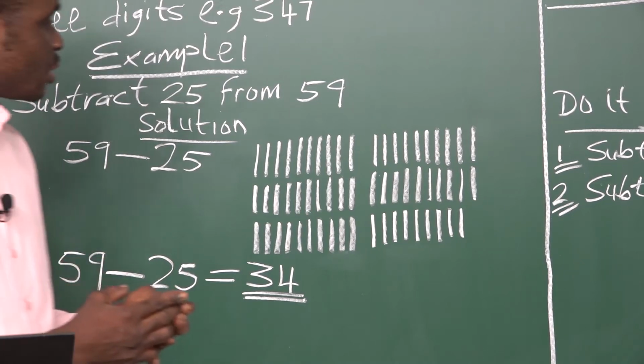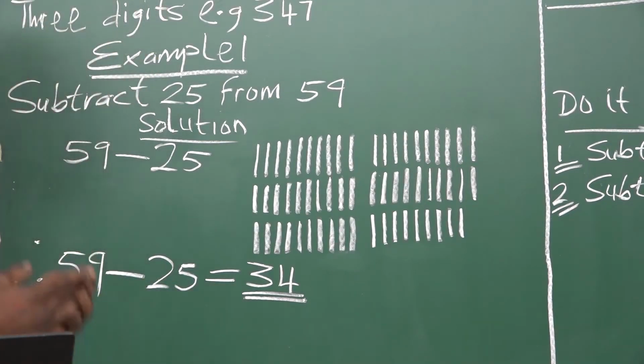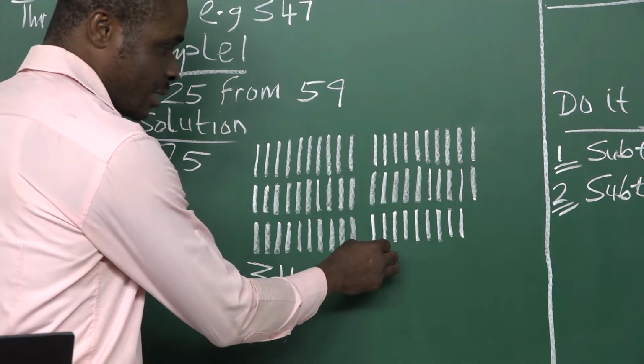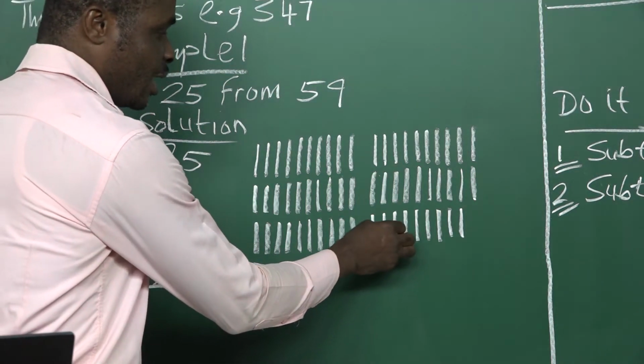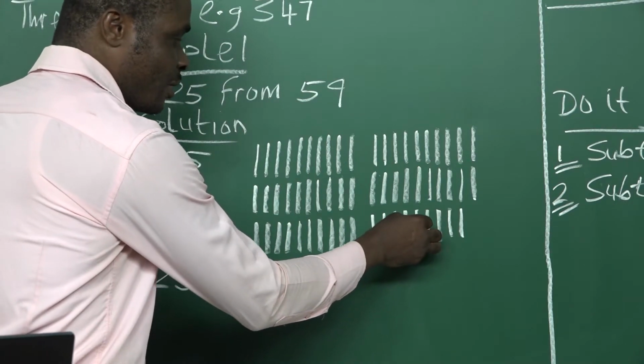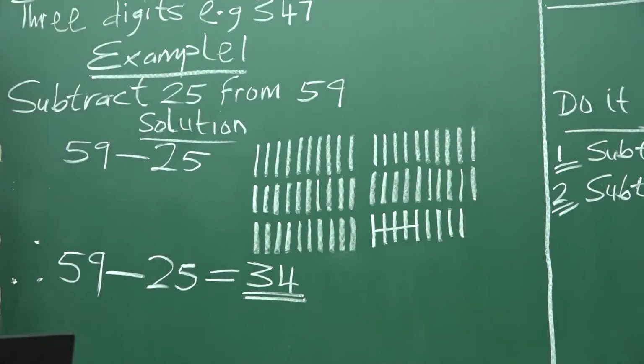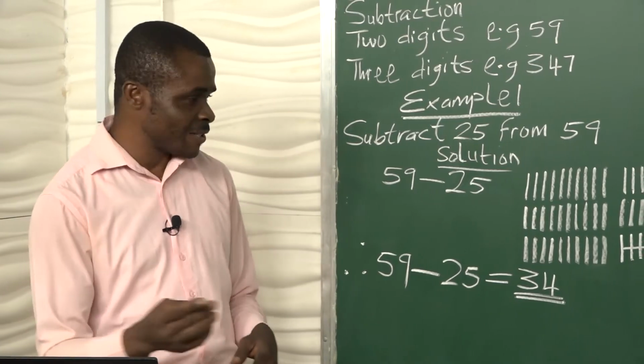So you count 59. After doing that, you take away 25. You count 1 to 5 in the 9: 1, 2, 3, 4, 5. You are taking 5 from 9. Then you are taking 2 tens from the 5 tens.